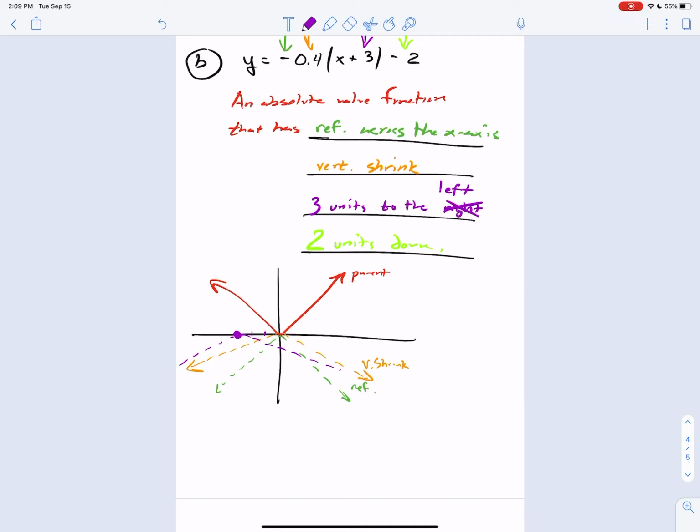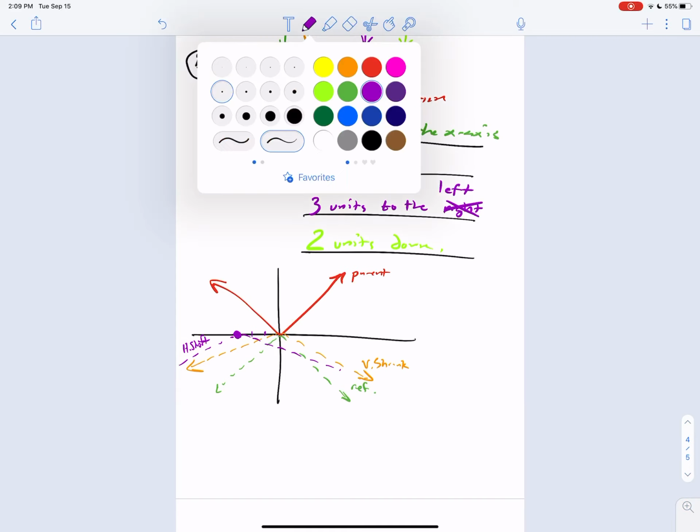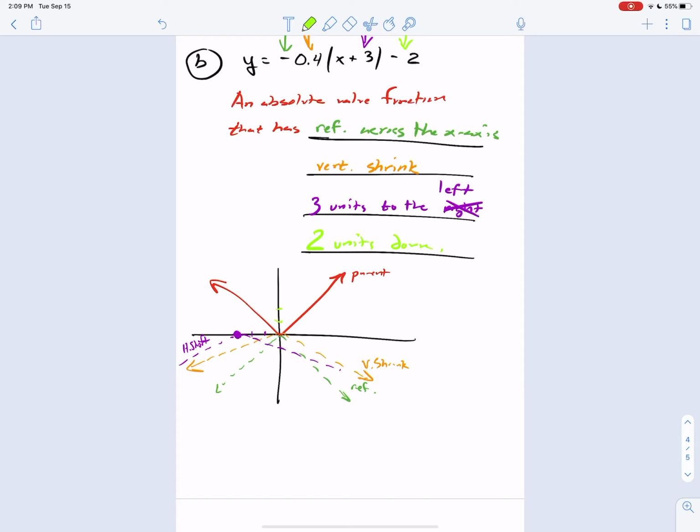That's the horizontal shift. And then I move that 2 units up. Okay, so I'm going up 1, up 2. Notice how I'm just focusing on that vertex, okay? Because everything else will move along with it.